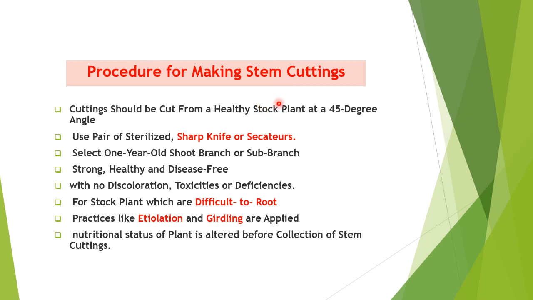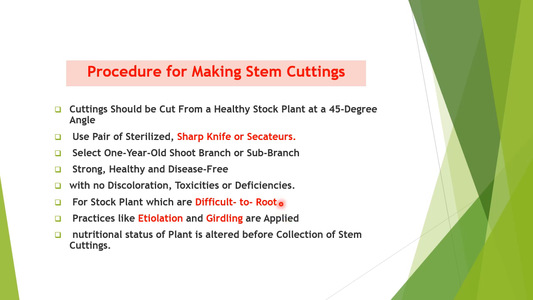You have to inspect the stock plant. You have to see that it is disease free. It does not have any toxicities or deficiencies which can be evident on the plant. So for stock plants which are difficult to root, certain practices like etiolation or girdling are applied. So the two types of plants are there.